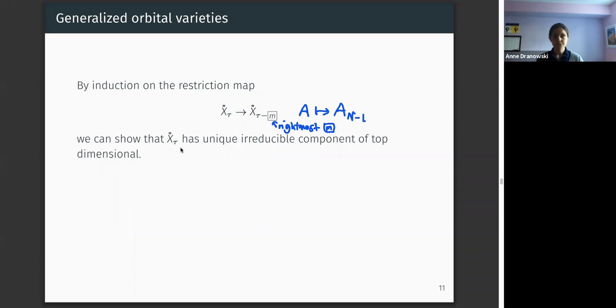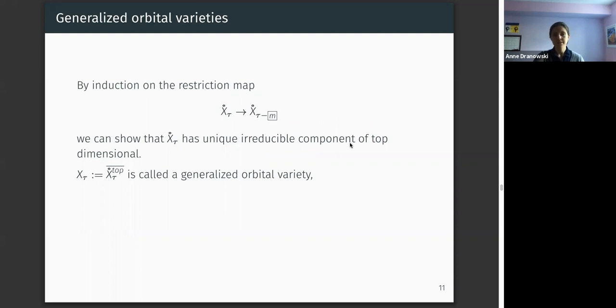By induction on this restriction map, I can show that x tau has a unique irreducible component of top dimension, of maximal dimension. And therefore I can define an irreducible variety x tau by taking the closure of that top dimensional component. And this is what I call a generalized orbital variety. Because again, in the case that mu is the all ones weight, then this recovers the ordinary orbital varieties, which are well known and were studied by Joseph and Melnikov and various authors.